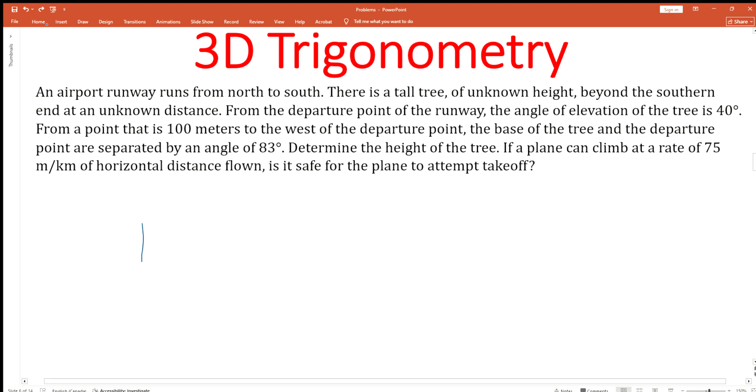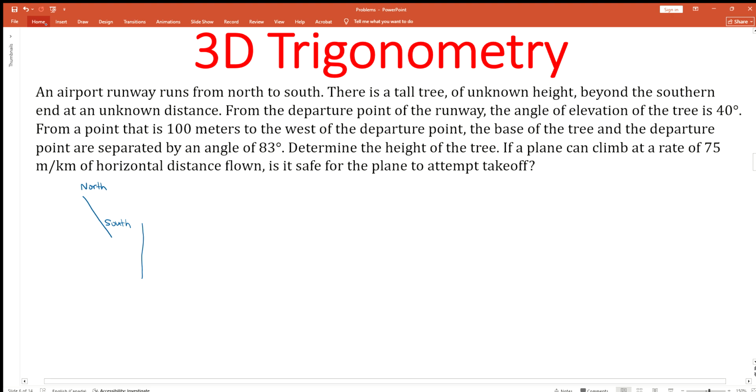Let's assume this is the tree and this is the north-south runway. This is a north to south runway. That means the planes take off at the south end of this runway. So the departure point for this runway is its southern end.